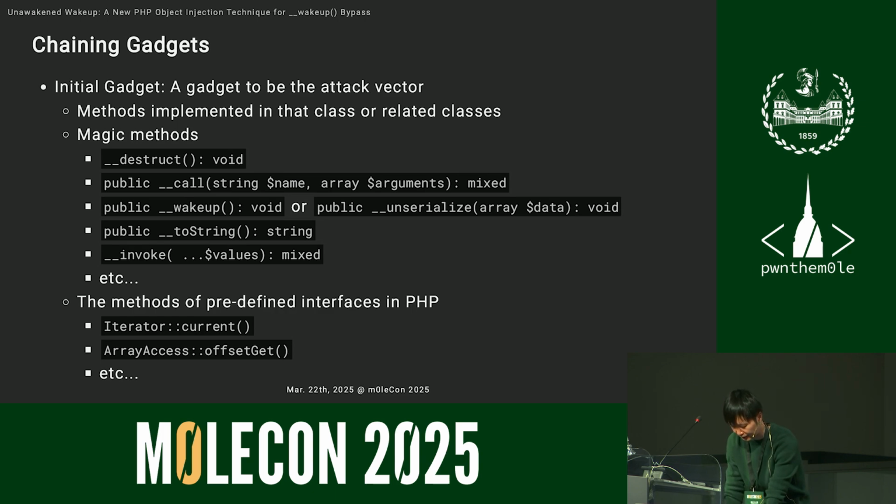And the second type is gadgets that act as intermediaries, bridging from the initial gadget to the target gadget that I will discuss later. PHP's loose handling of types allows these intermediary gadgets to execute without errors as long as they possess the necessary properties and methods for the next step in the execution flow.